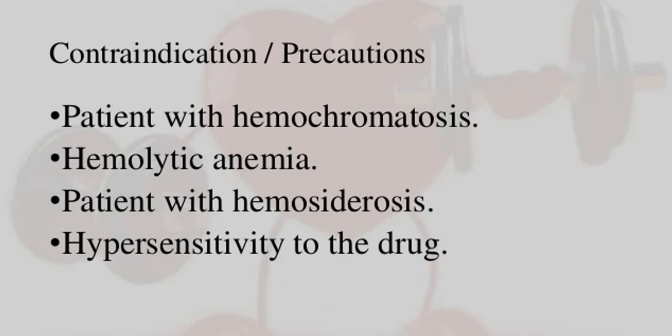First one, patients with hemochromatosis. Hemochromatosis is a hereditary disorder in which iron salts are deposited in the tissue. Iron salts are deposited into the tissue, and sometimes this leads to liver damage, kidney damage and heart damage.